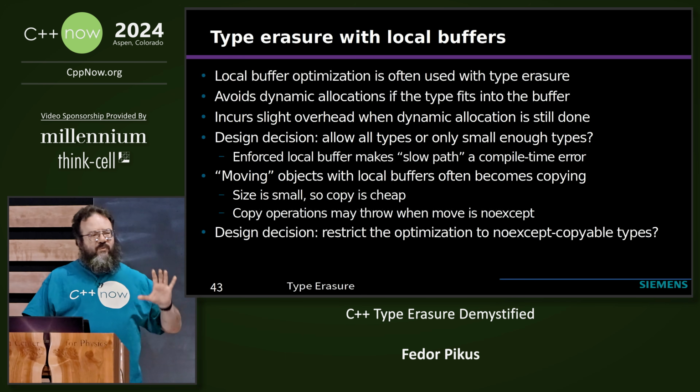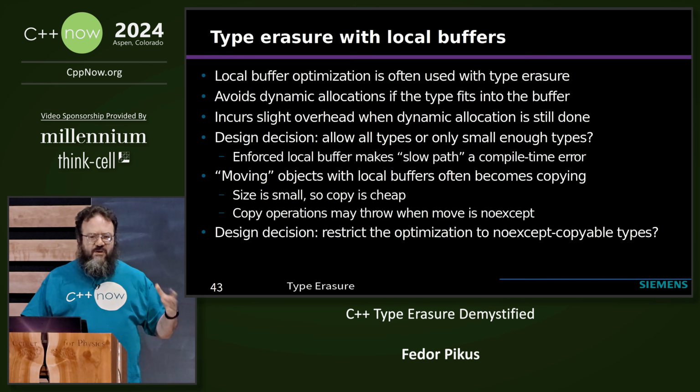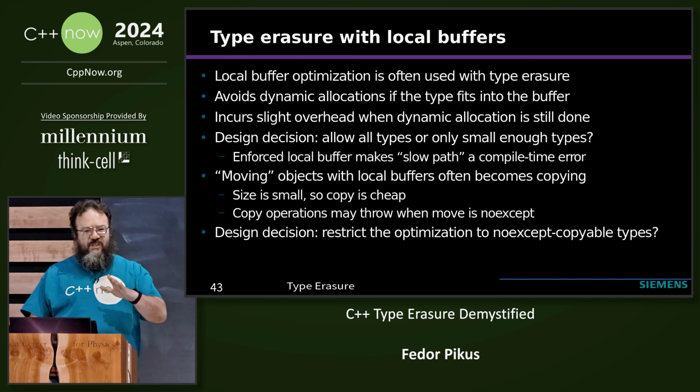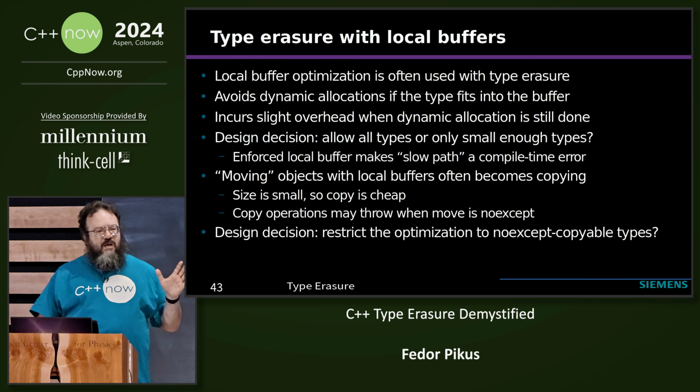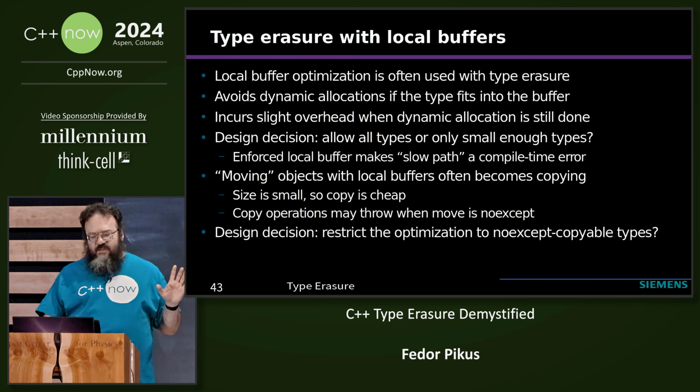When you move an object with embedded data, first of all, a move becomes at least partial copying. If you have a no-throw move, it's good. If the move wasn't no-throw, you might throw from your own move because you're basically copying that entire object instead of just swapping pointers. Again, design decisions.